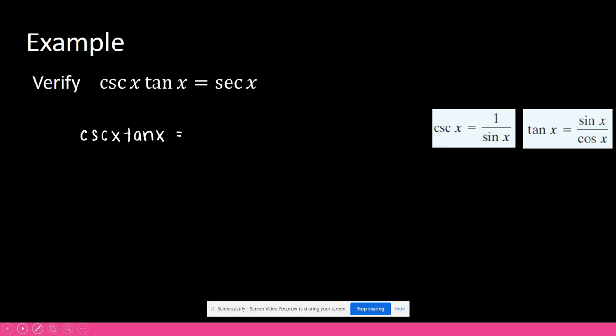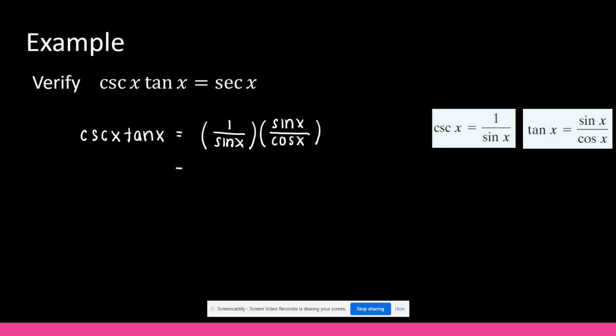Cosecant is 1 over sine, and tangent is sine over cosine. Essentially, I'm going to replace cosecant and tangent with these two terms. So cosecant is now 1 over the sine of x, and that's being multiplied by tangent, which is replaced by the sine of x over the cosine of x.